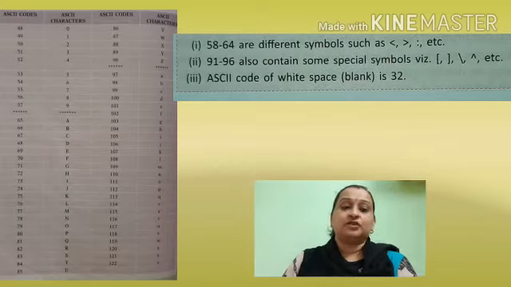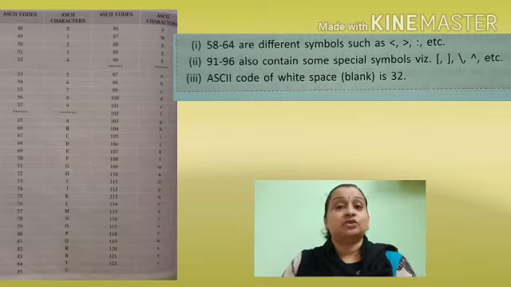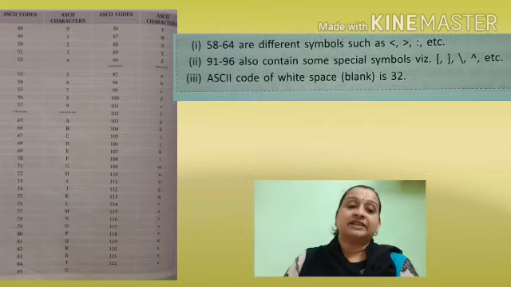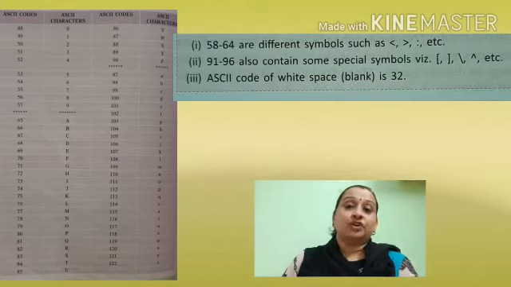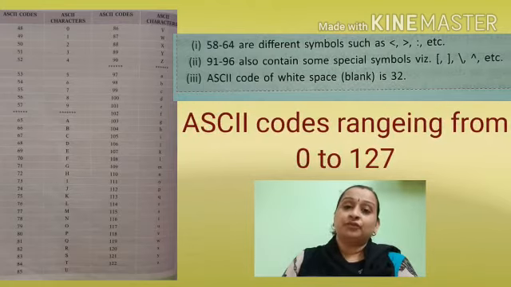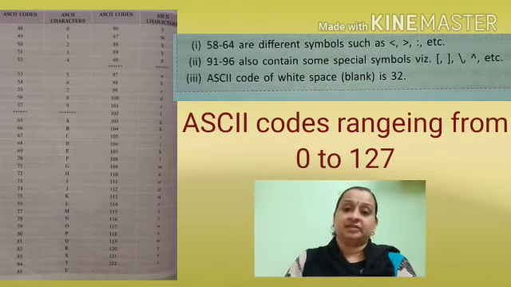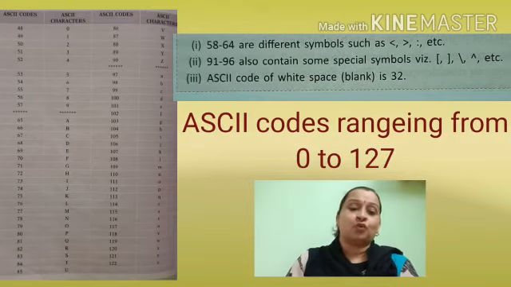So the digits from 0 to 9 are represented with the ASCII code 48 to 57. Then comes the alphabet in uppercase. So uppercase alphabet A to Z has an ASCII code from 65 till 90.